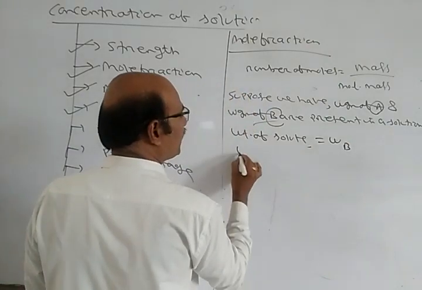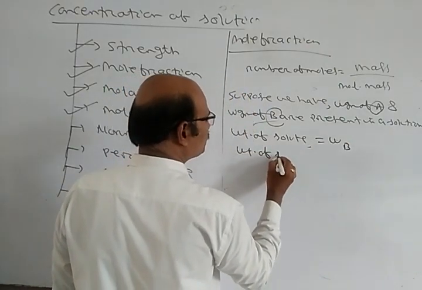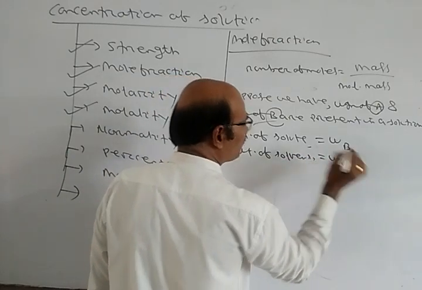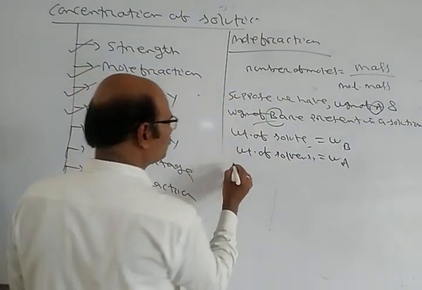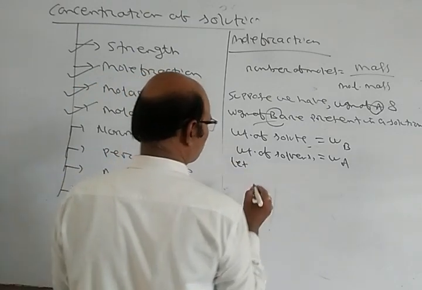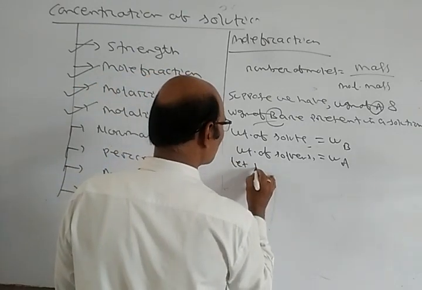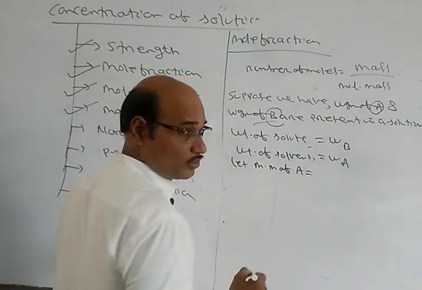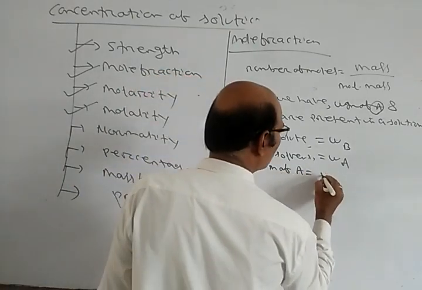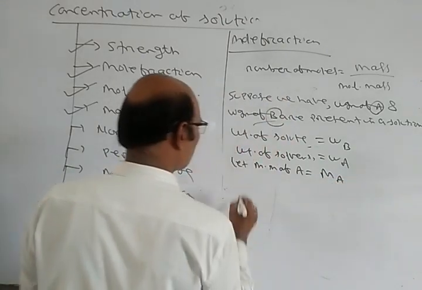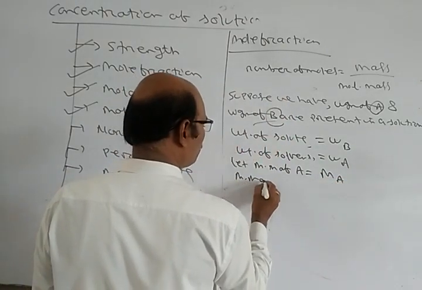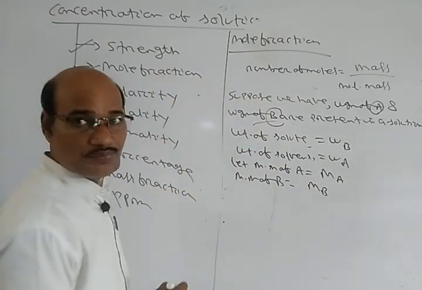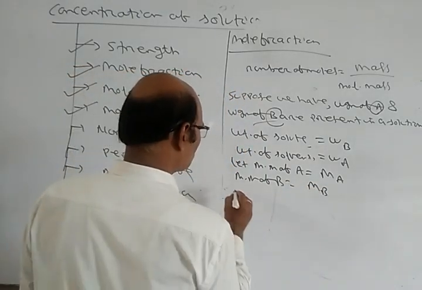WB, and weight of solvent is WA. Now let molecular mass of A equal M of A, and molecular mass of B equal M of B.